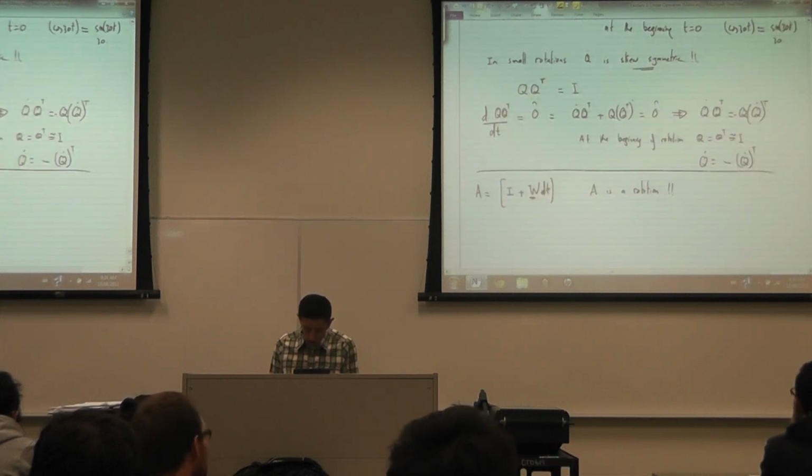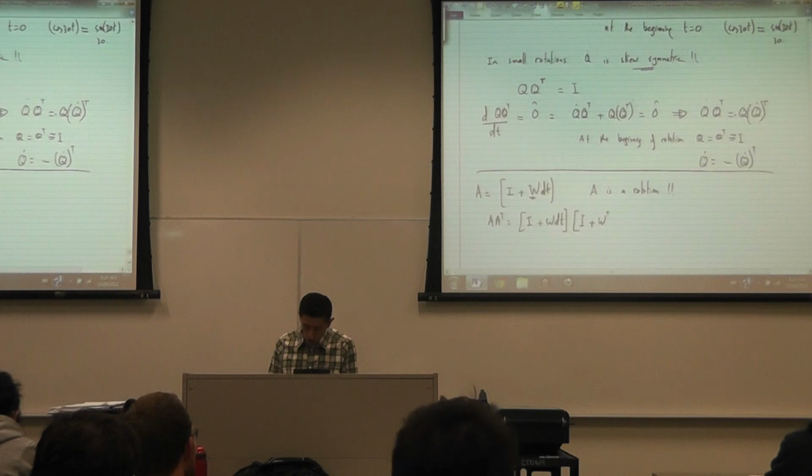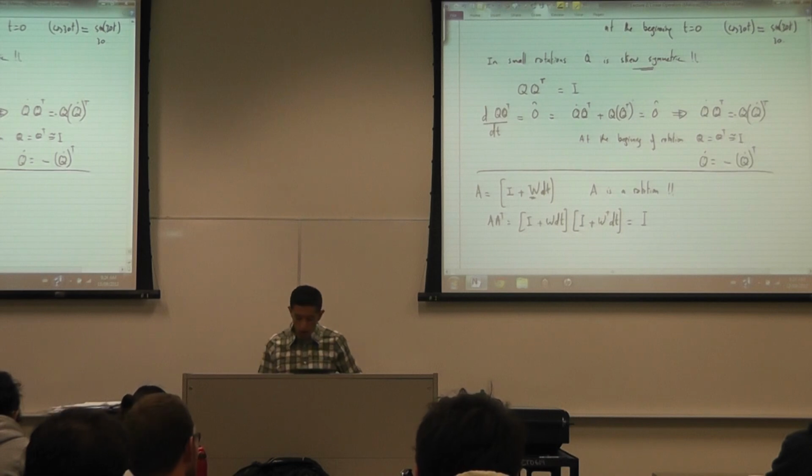So let's see. A transpose A is equal to I plus W dt multiplied by I plus W transpose dt, which is equal to I plus W dt.